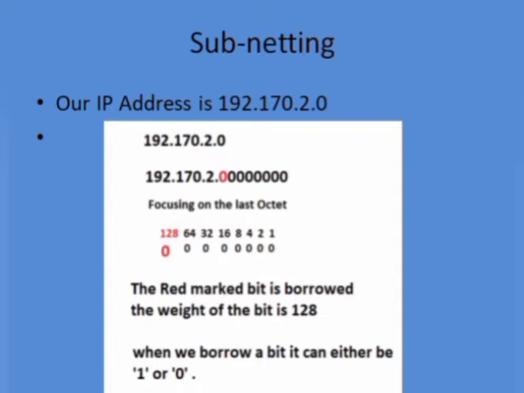So here's our example. The first three portions are that of the network. The last one I have converted into 8 bits, because the last portion, like the rest of the portions, is of 8 bits. We will borrow from the last portion, and the leftmost bit, the bit nearest to the network portion, will be borrowed first.